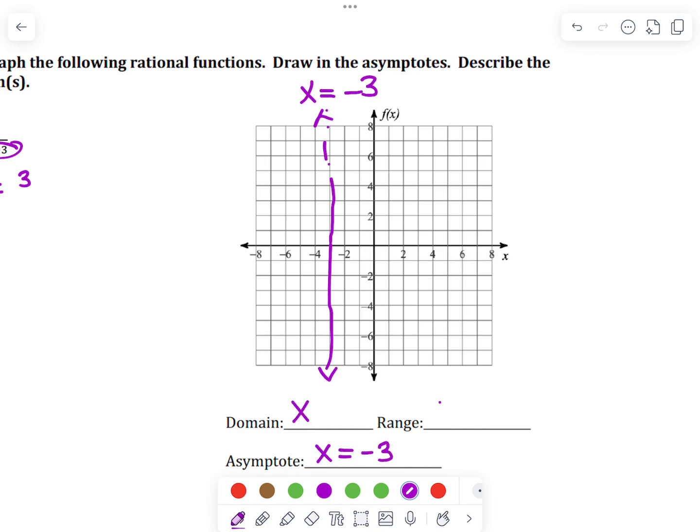So our domain is everything but that purple line. Our horizontal asymptote has not moved up or down. So our range is everything but 0. So our asymptote is at y equals 0. And then we create our curves. So 1 point up there, 1 point down.